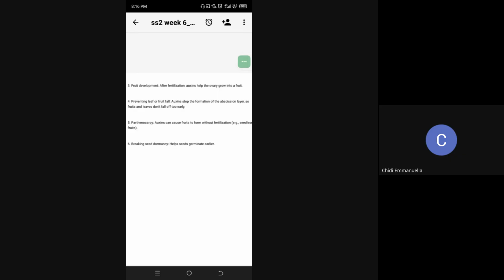The condition must be perfect. Another thing that enables seed to break dormancy is auxin. What I mean by dormancy is a period of inactivity, to break this so that it can germinate. It is auxin. So dormancy is a period whereby things are just dull, things are not working. Do you understand?